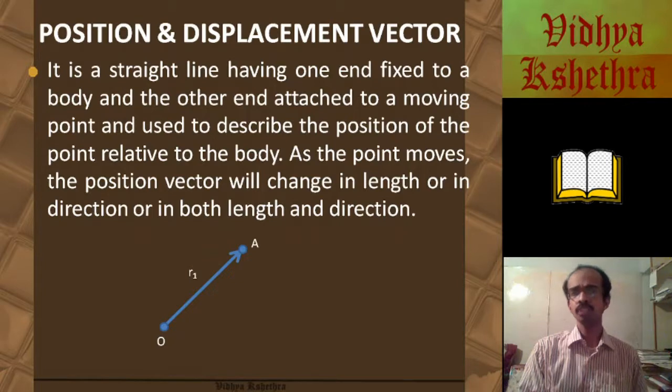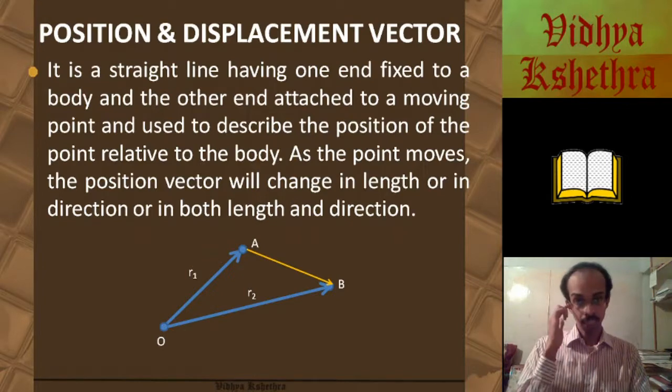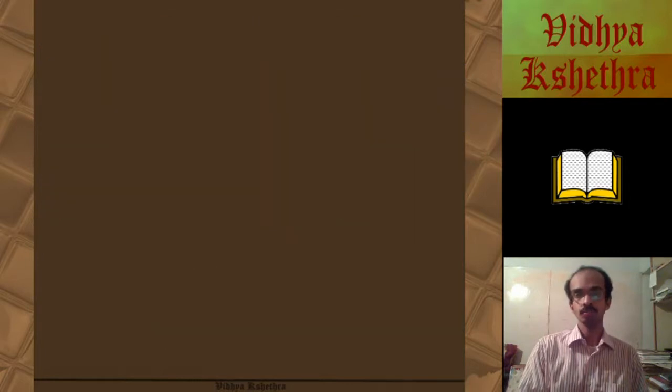Now, after a time t, the position changes from point A to point B. Then the vector is given by OB having a magnitude of R2. The vector AB is known as the displacement vector since it gives a displacement between the initial and final positions.